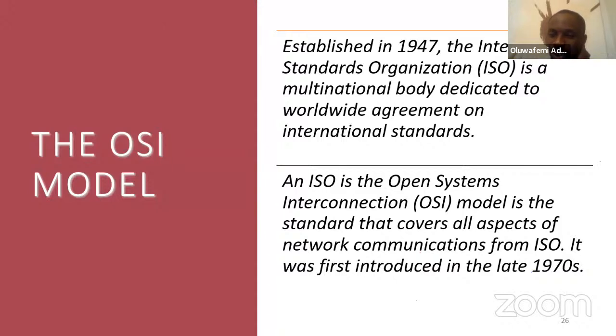It was first introduced in the 1970s, in the early 70s rather. So that is the OSI model. Don't mistake OSI model for ISO. ISO is the body. The model is OSI, which is the Open System Interconnection, right?